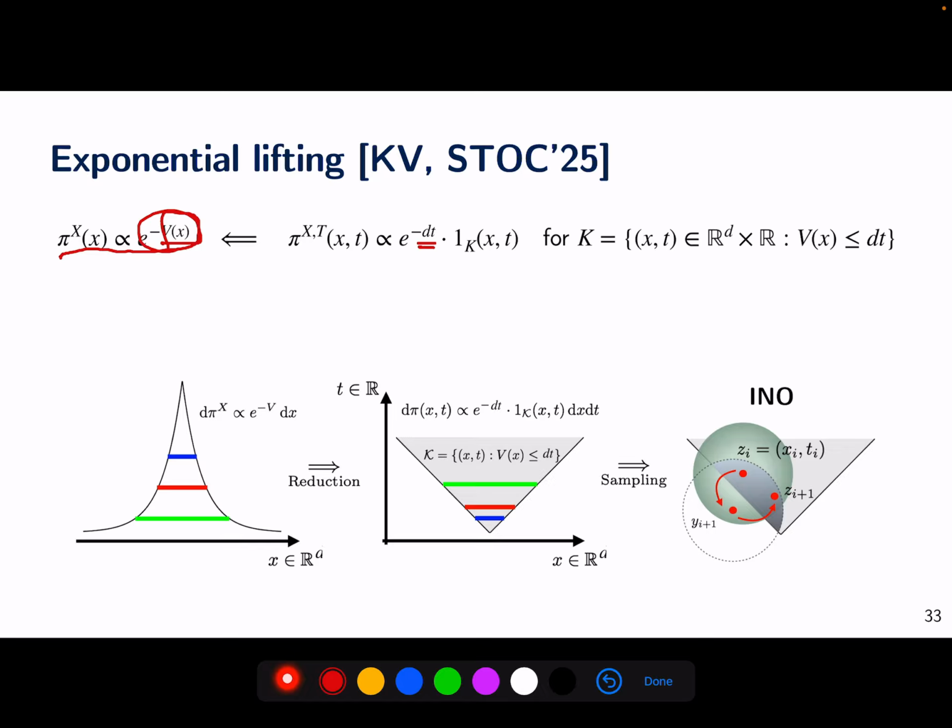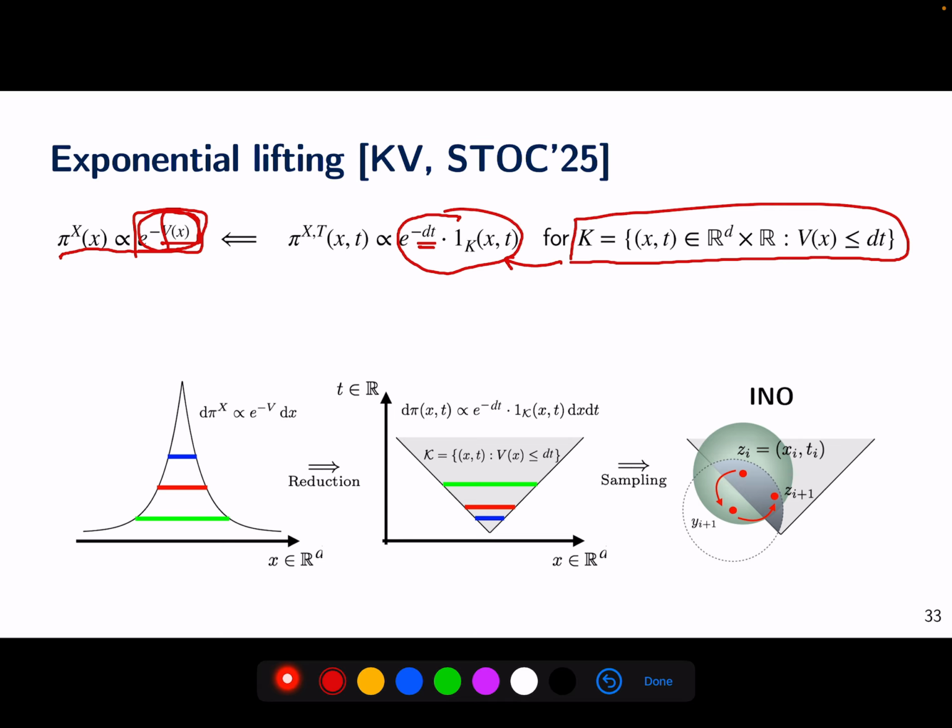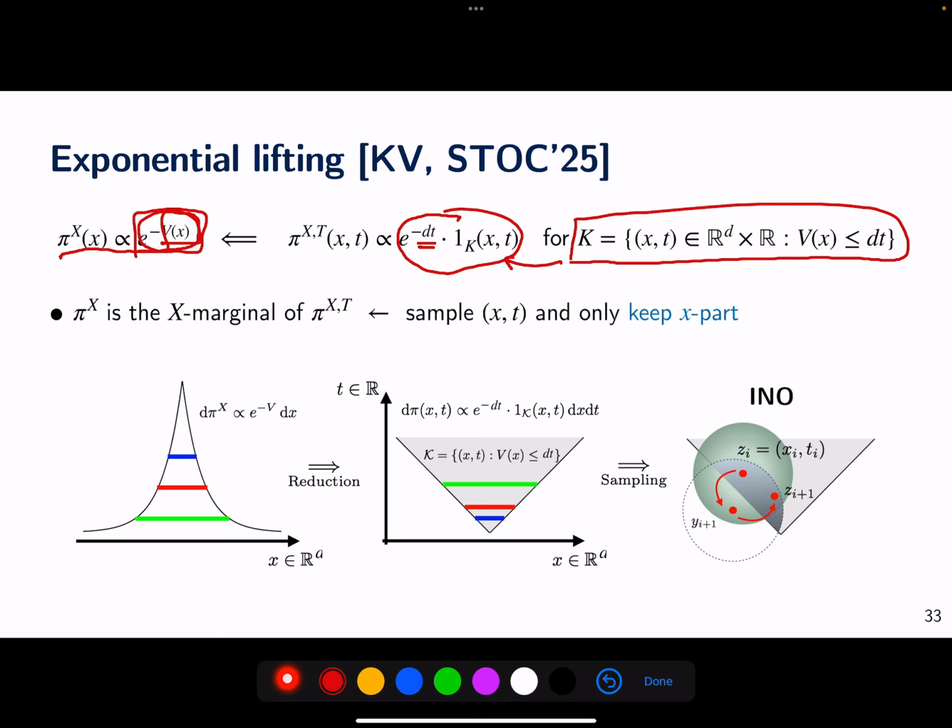So you replace v by t, and then append this constraint. Now your target distribution is simplified from this complicated general distribution to an exponential distribution in a one-dimension-higher space. And you can easily check that the x marginal distribution of this d plus one dimensional distribution is exactly phi of x.